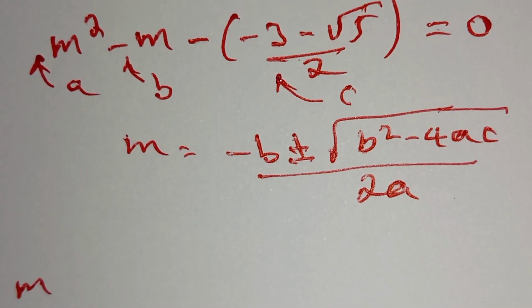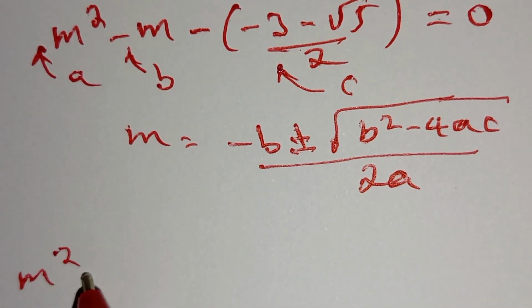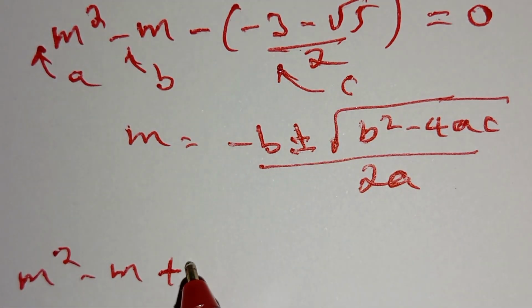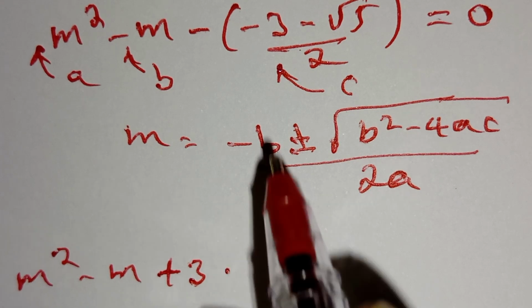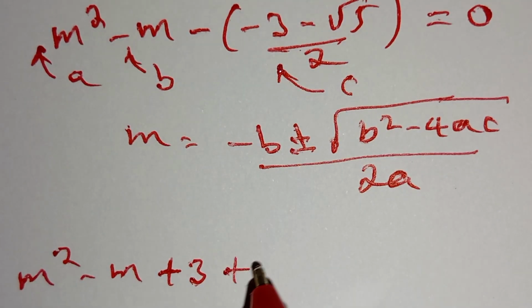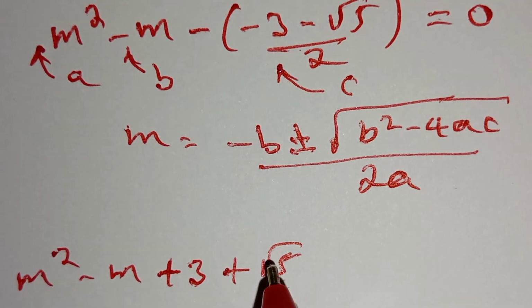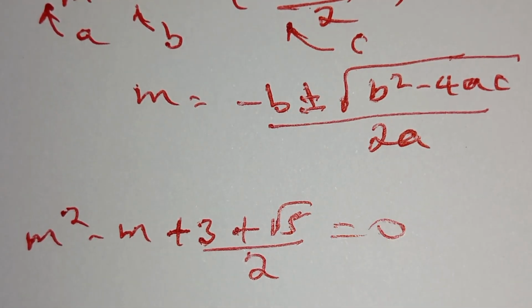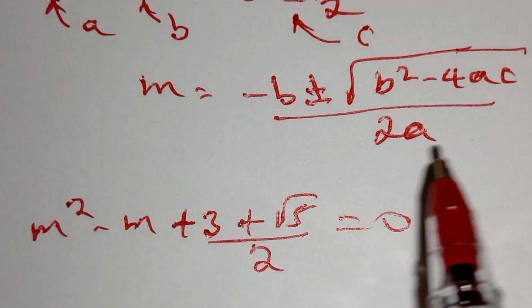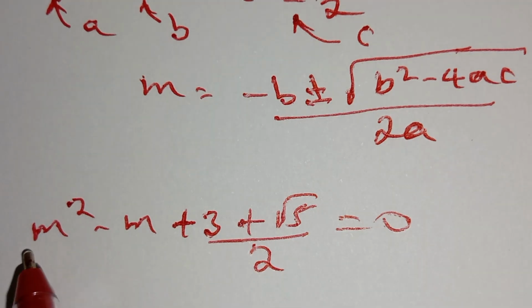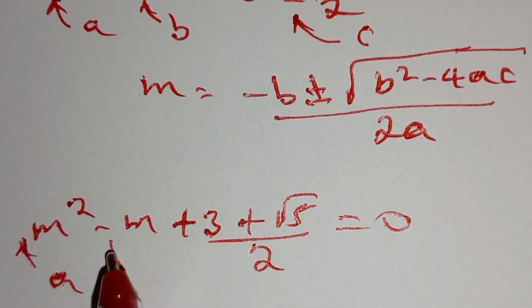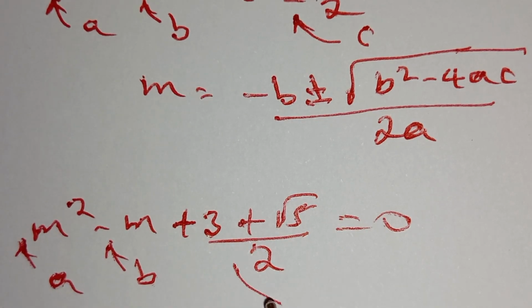So m squared minus m plus 3 plus root 5 over 2 is equal to 0. So using this equation, here is A, here is B, here is C.